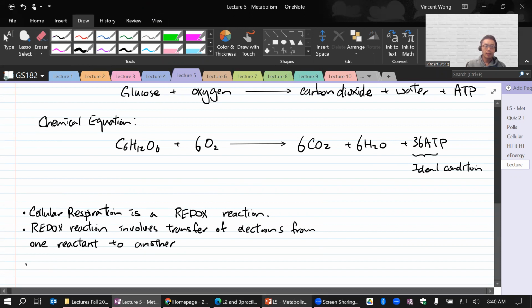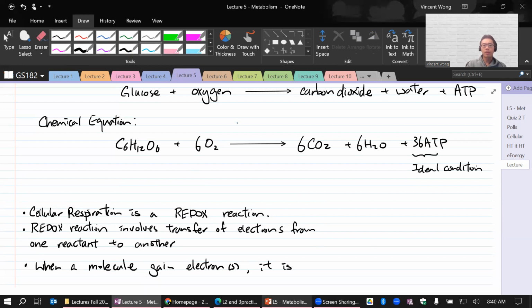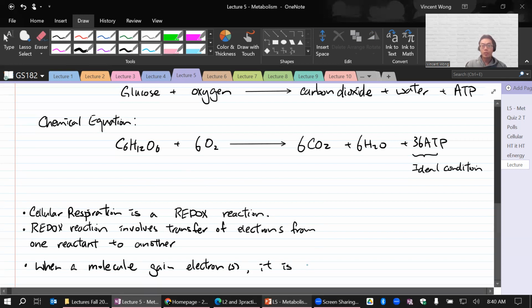When a molecule gains electron, and it could be more than one electrons sometimes, it is reduced. Okay, so we can say like a reduction reaction.